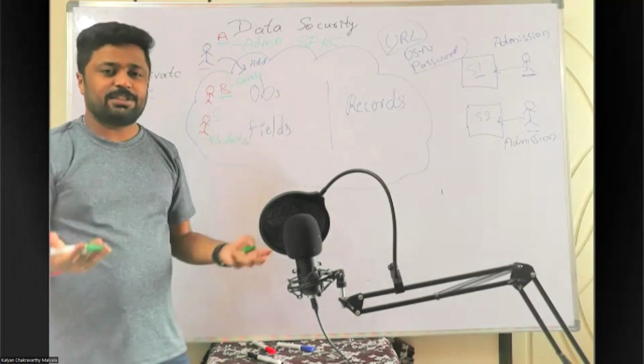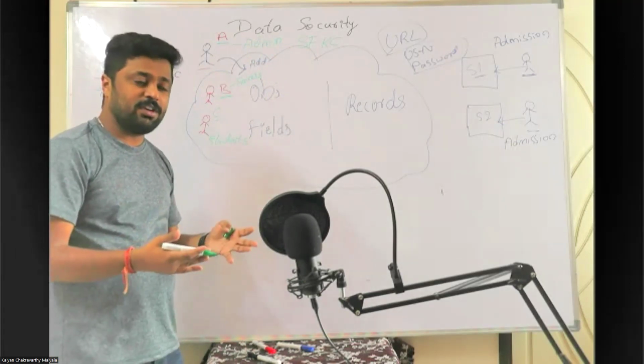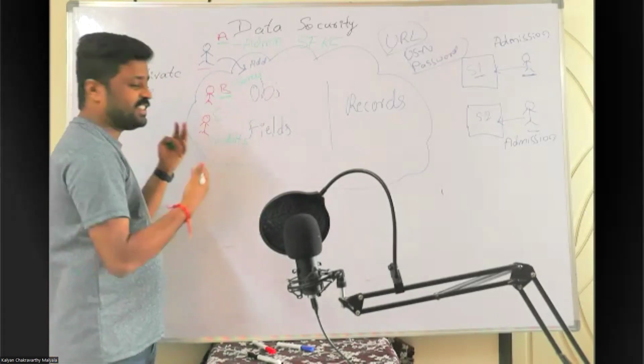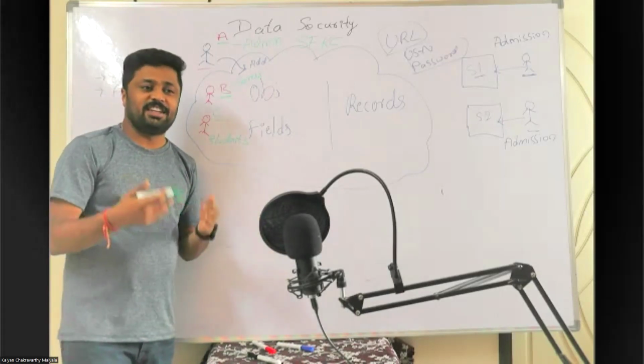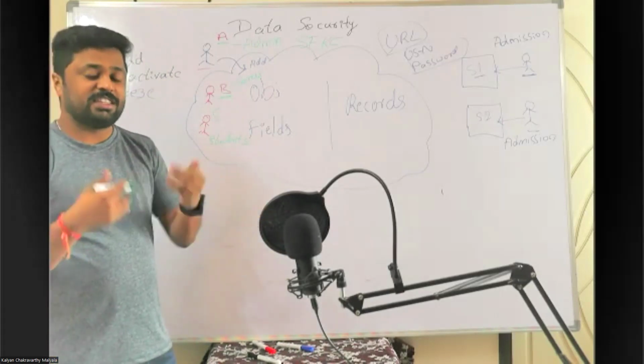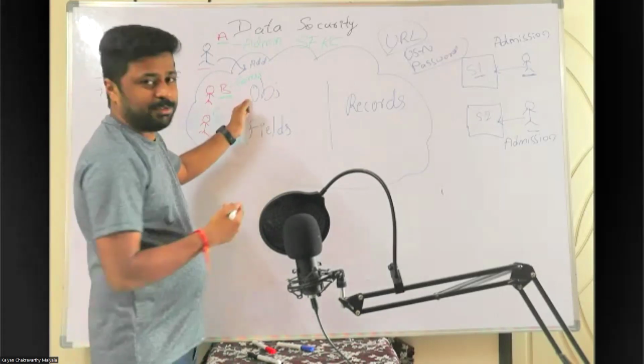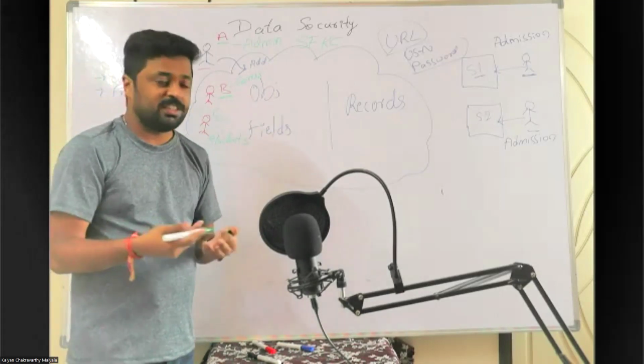Similarly, there will be different kinds of objects, right? We have seen this example while studying objects, fields, relationships, lookup. So objects will be of different types, custom objects.